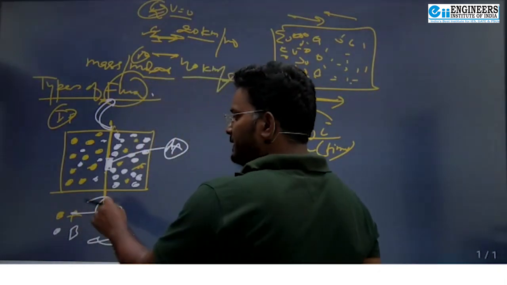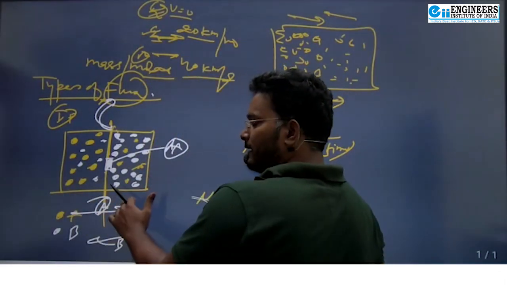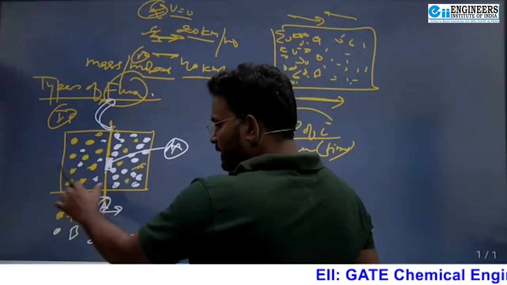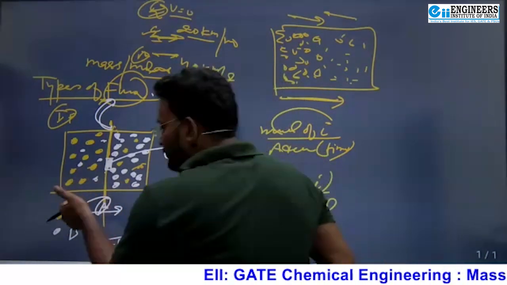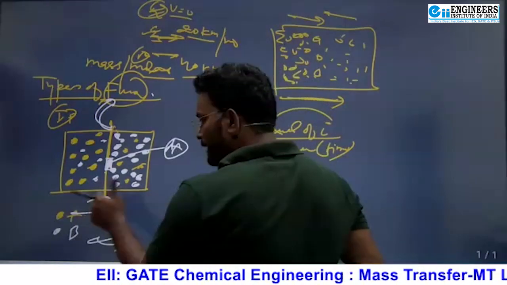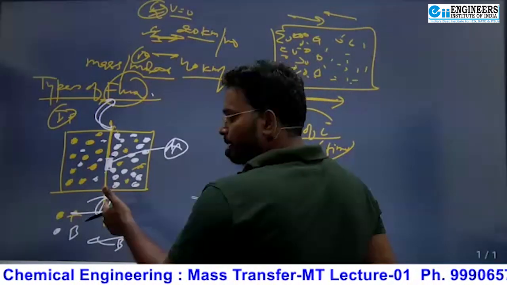The net transfer of A is from left to right and the net transfer of B is from right to left. So if I am talking about the net rate of transfer of A from left to right, I can measure it in two ways.